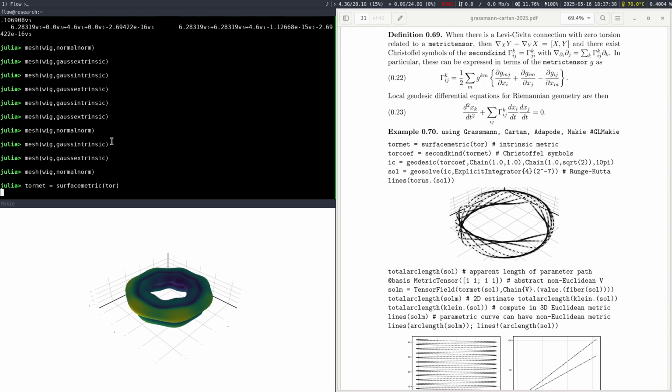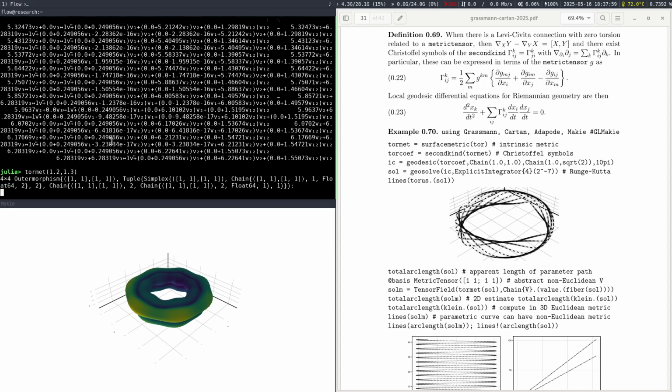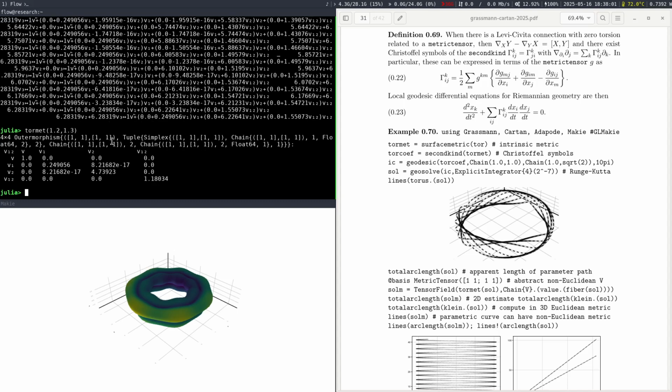So this is the intrinsic metric. So if we pick like two points on here, like 1.2, 1.3, that gives us an outer morphism of the metric tensor at that location, okay?